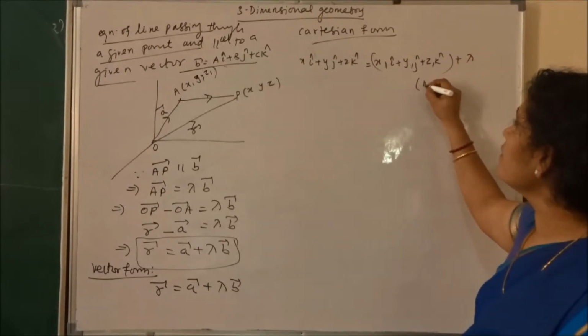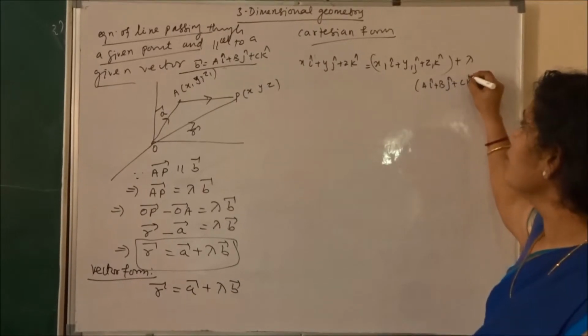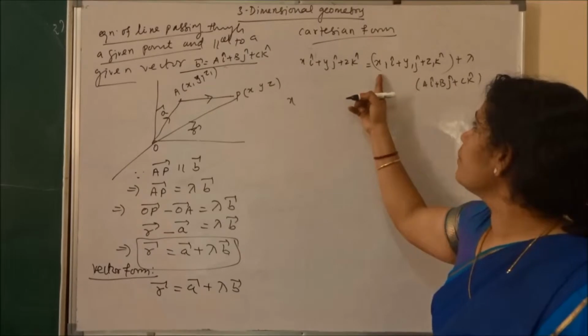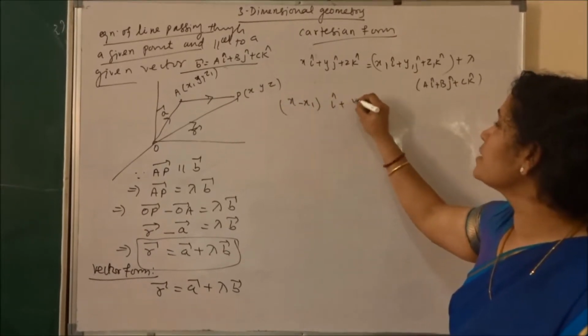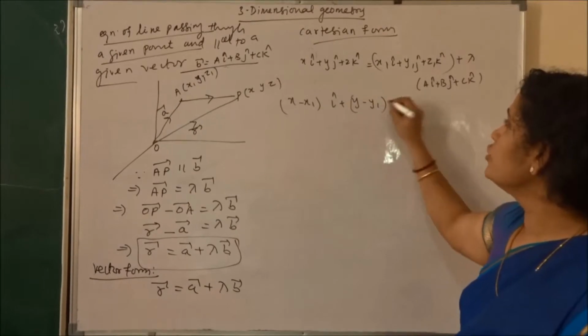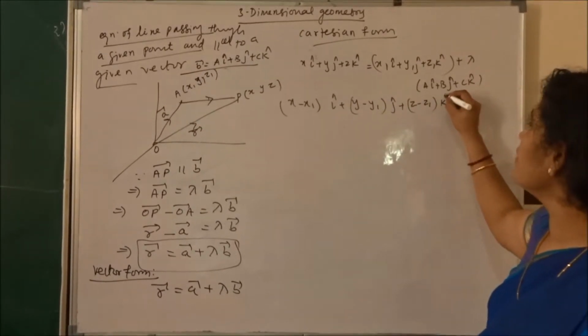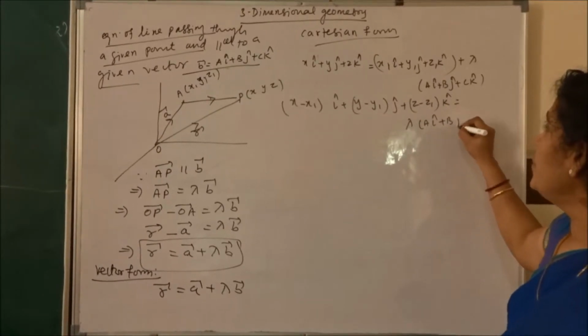What is B vector? That is ai plus bj and then plus ck. Clear? Now I am taking the passing point to this side, so I can write x minus x1 into i cap plus y minus y1 into j cap and then plus z minus z1 into k cap, that is equal to lambda into ai plus bj plus ck.